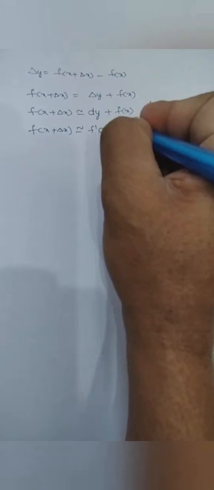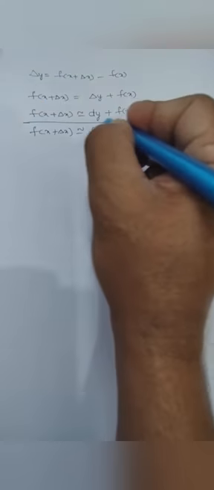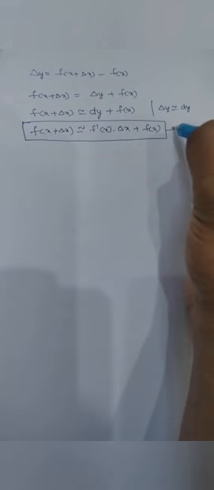What does equation number 2 say? F of x plus delta x is approximately equal to f dash of x into delta x plus f of x. So this is the third formula in errors and approximations.